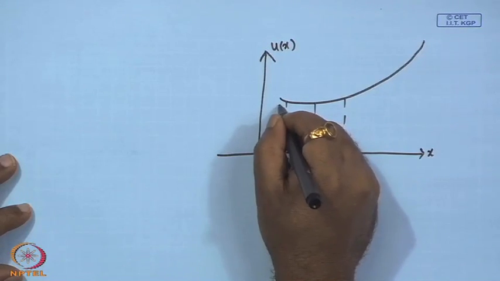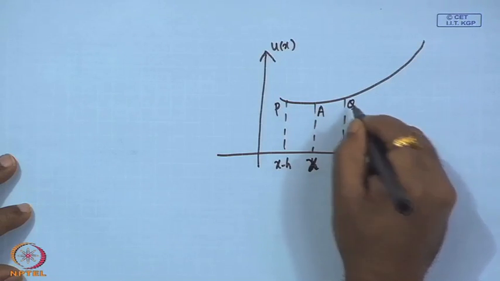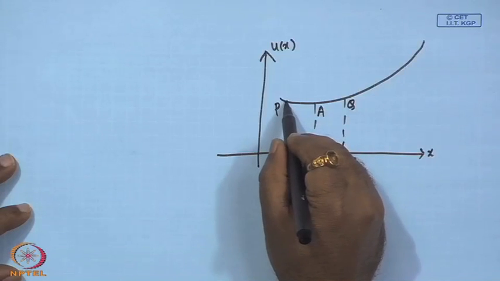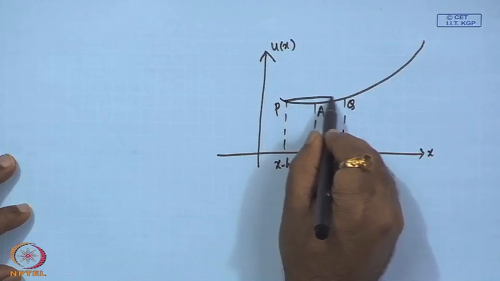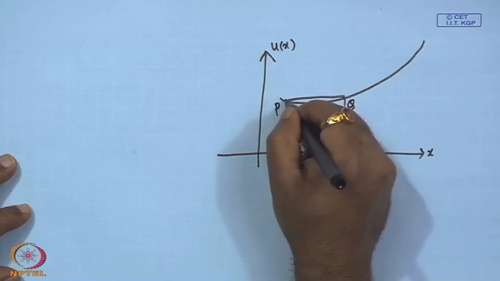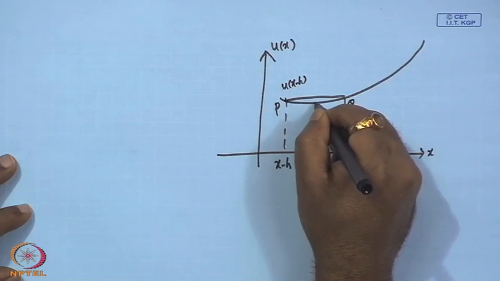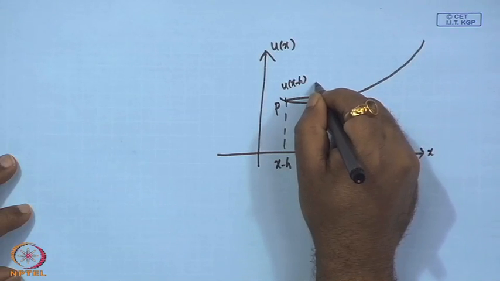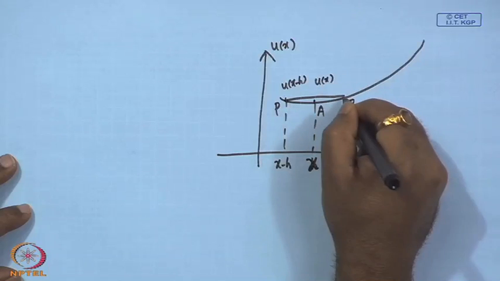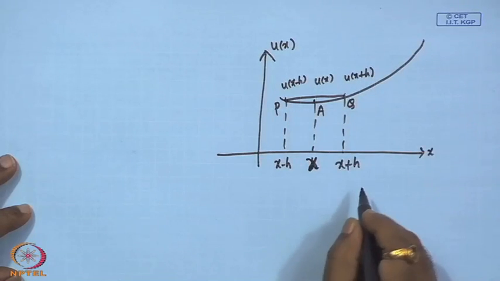Say this is point P, this is A and this is Q, and the chord is PQ. The function value here is u of x minus h, here u of x, and here u of x plus h.